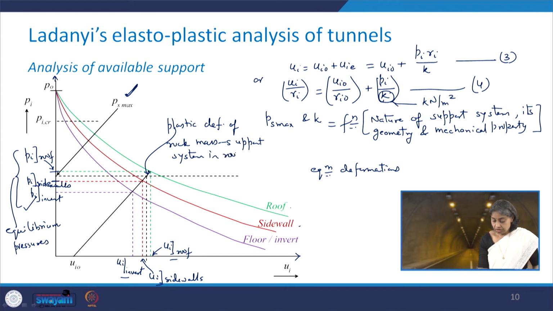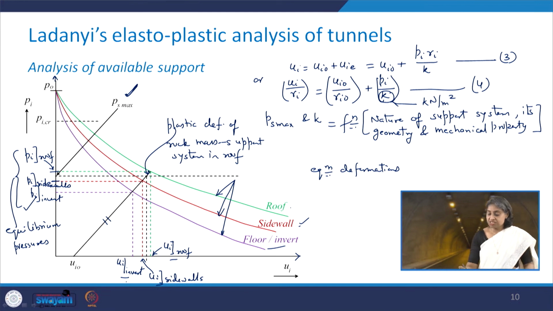in roof. So this is how first we draw the GRC for roof, side wall and floor or invert from the analysis that we learnt in the previous class, and this is how we can get the support reaction curve for any kind of support which is available to that particular system.